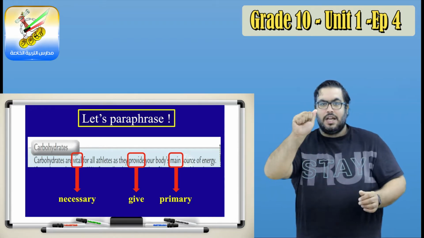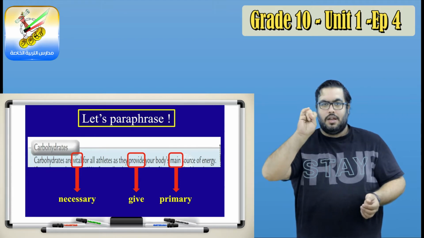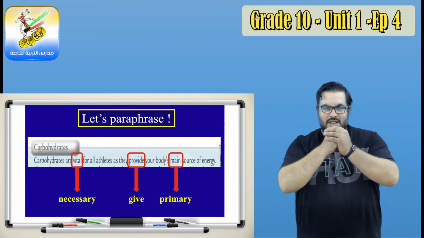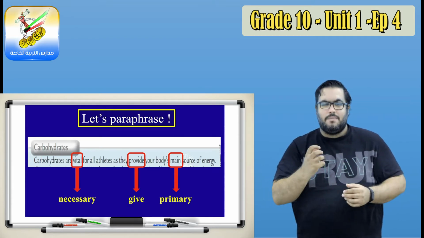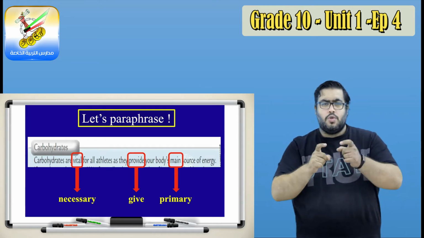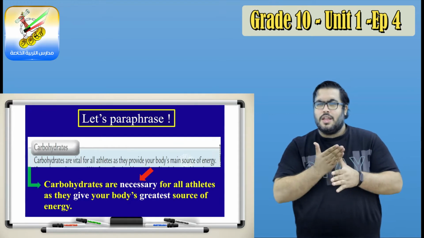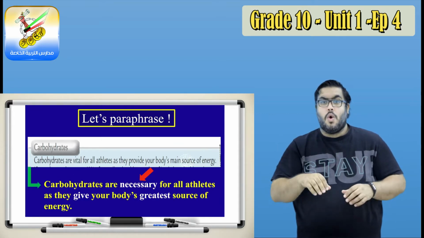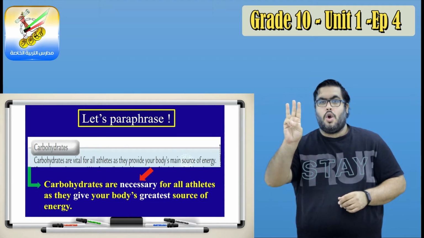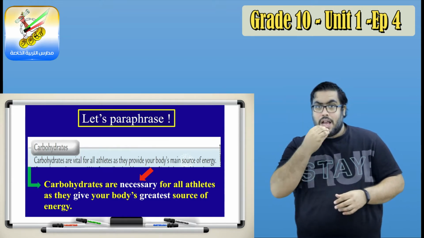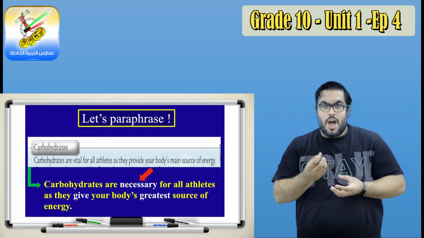So for vital, we chose the word necessary. Provide, we chose the word give. And the main, we chose the word primary. So the sentence, if we paraphrase it, will become, carbohydrates are necessary for all athletes as they give your body's greatest source of energy.